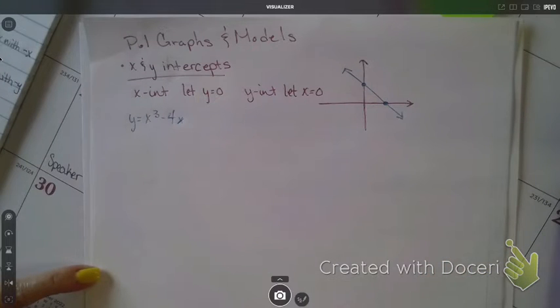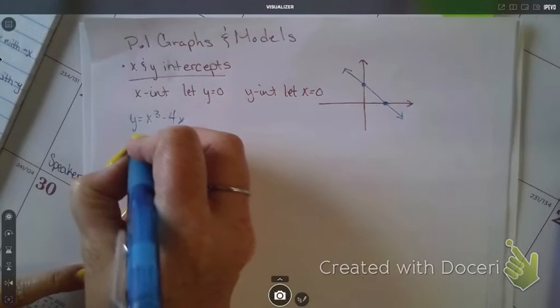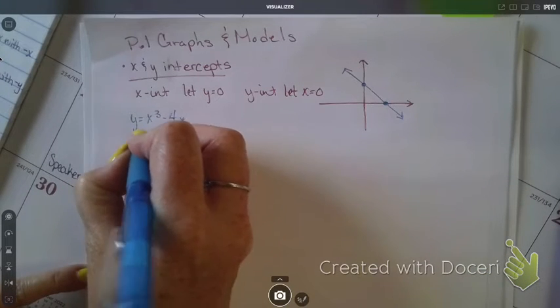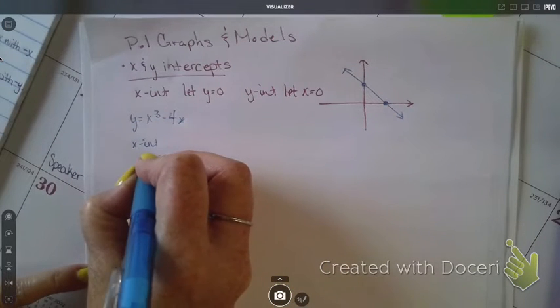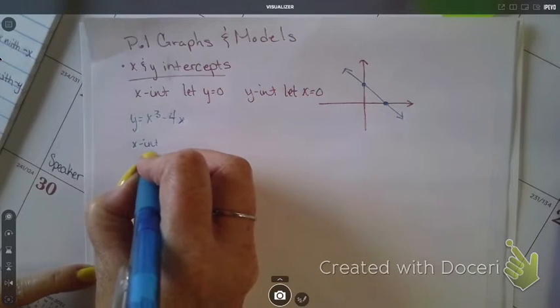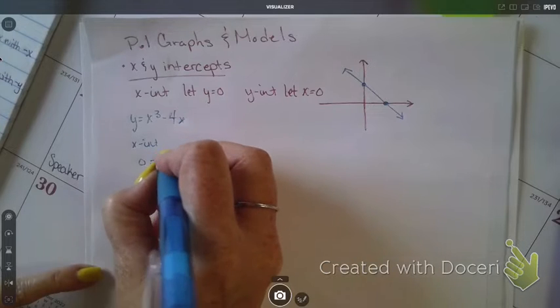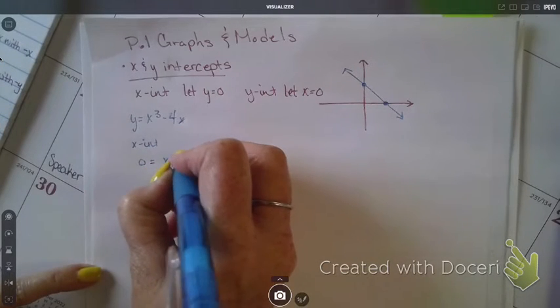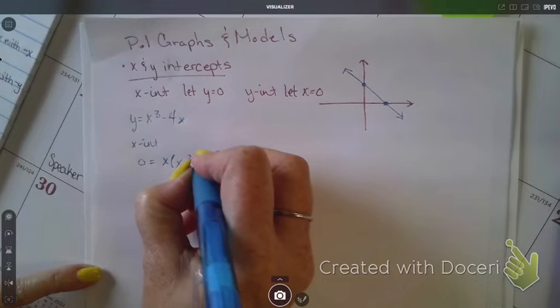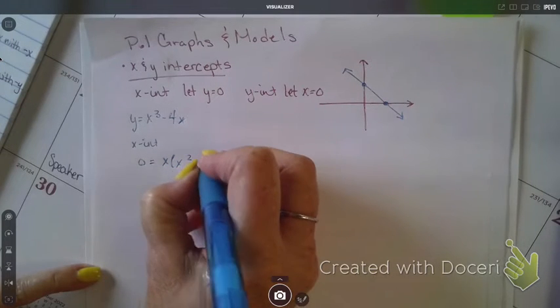So how would I go about finding my x-intercept? You would, right, 0 equals x cubed minus 4x. Yeah, you're going to factor out. That's why I wanted more general, because Kale's saying that we're going to factor that out. And we're still not done factoring it out, are we?